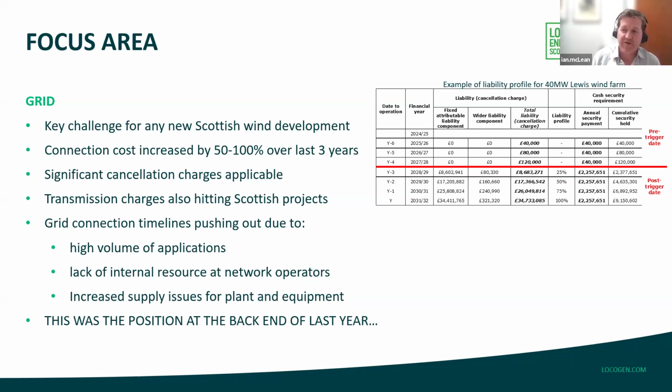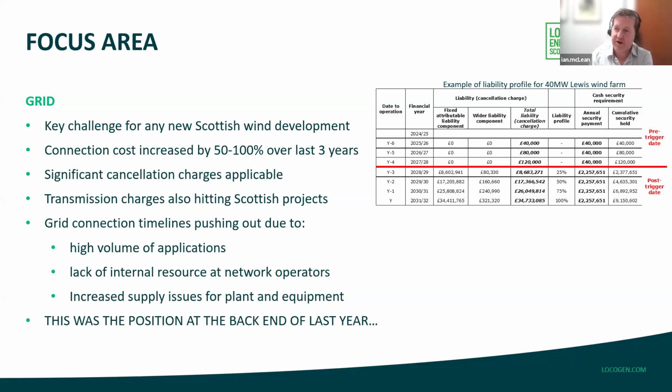Also, there's a lack of internal resource within the operators to deal with the increased number of applications and connections, and crucially, all of the wider reinforcement works that have been triggered by this huge increase in the number of projects wanting connected, and also supply issues for plant and equipment, and the resulting increase in cost.